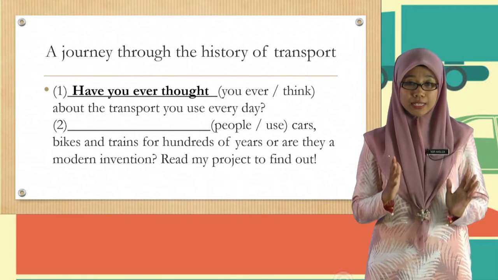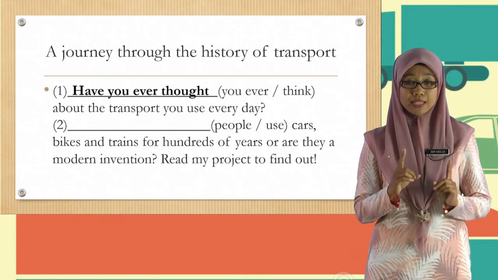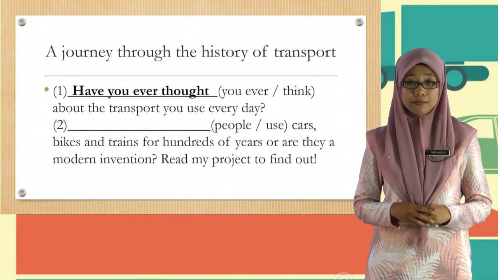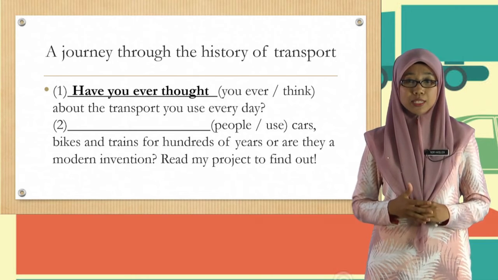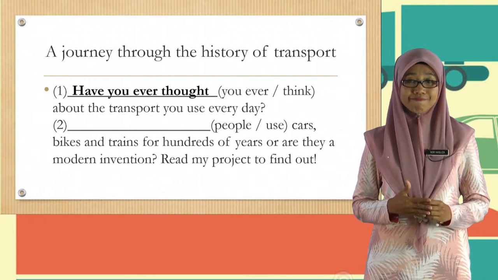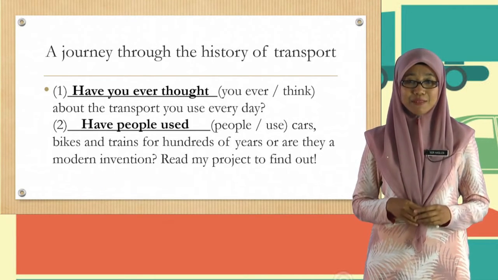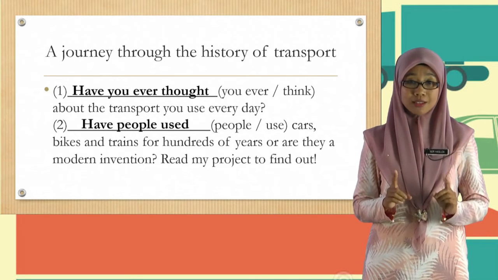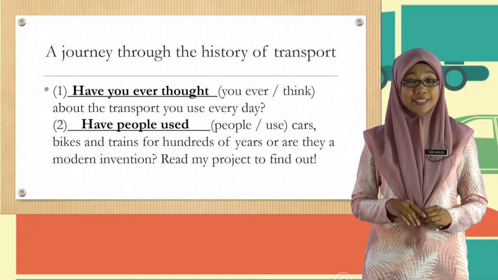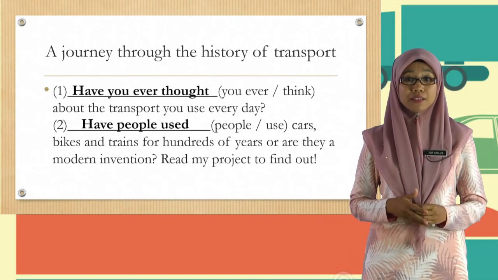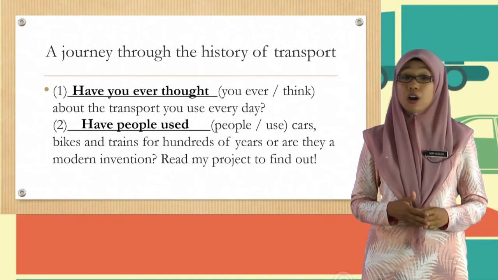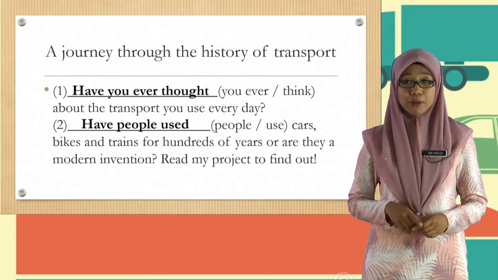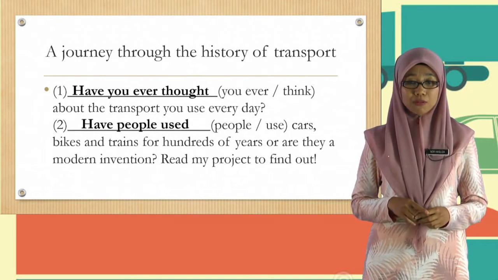It is a question, so has or have needs to be placed in front of the question. What is the answer for question number 2? Yes, that's correct. Have people used cars, bikes and trains for hundreds of years, or are they a modern invention? Read my project to find out.